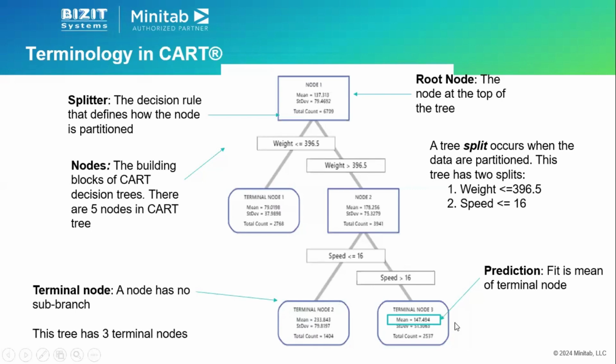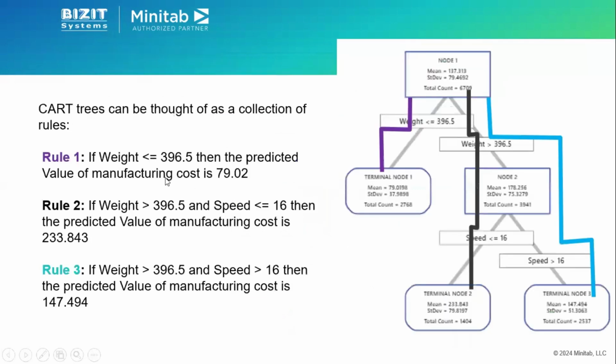They have three decision rules. This decision rule is coming from the first row. If the weight is less than or equal to 396, then the predicted value of manufacturing cost will be 79.